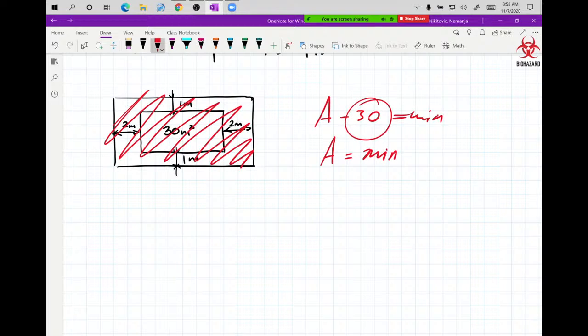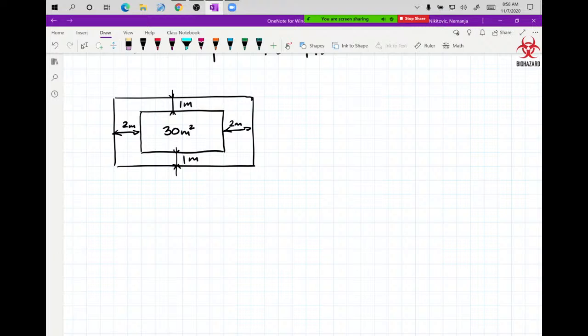Whether it's there or not there in the formula, it doesn't really matter. We'll see where the 30 is used, obviously. But I hope you understand that whether you are just minimizing the concrete part or you are minimizing the entire rectangle, which is much easier, it's the same problem.